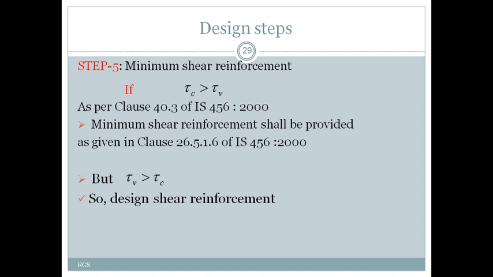We go for providing minimum shear reinforcement only when the design shear strength is greater than the nominal shear stress. But according to this problem, the nominal shear stress tau V is greater than tau C, so definitely we have to go for design of shear reinforcement.